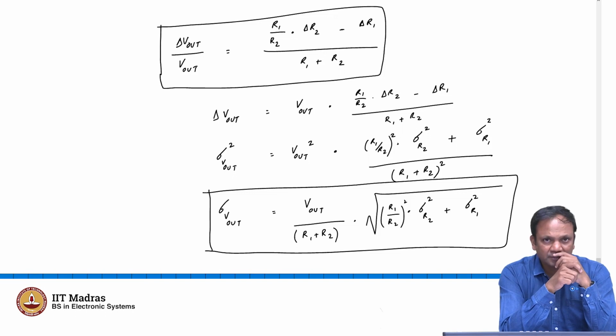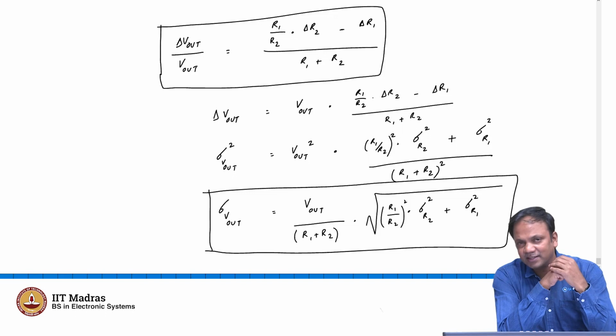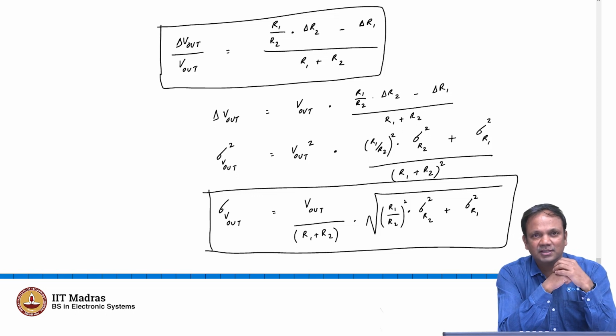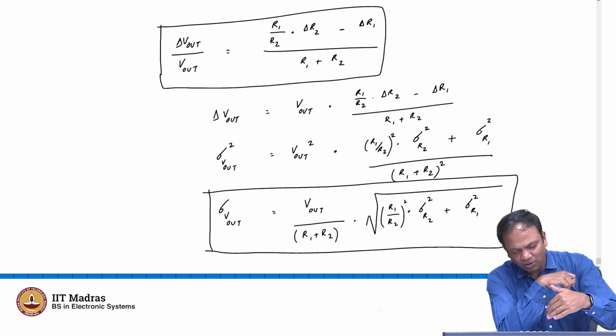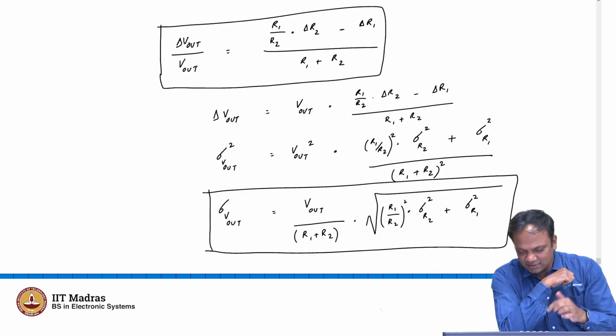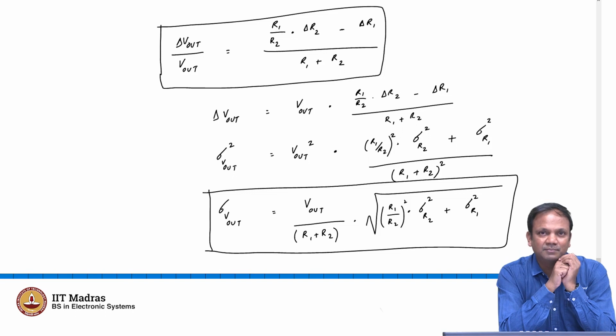So what I would encourage you to do is to generate an array for R1 and an array for R2 based on the normal distribution, and then see what delta V out or V out looks like, and look at the variance or standard deviation of V out and see whether it is consistent with this formula, right.